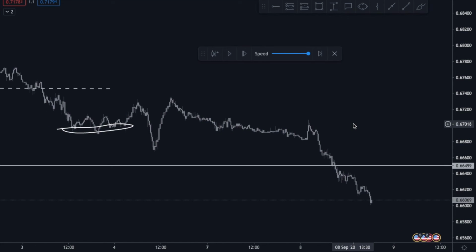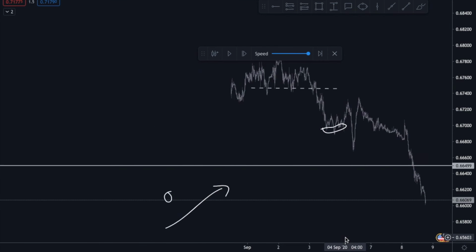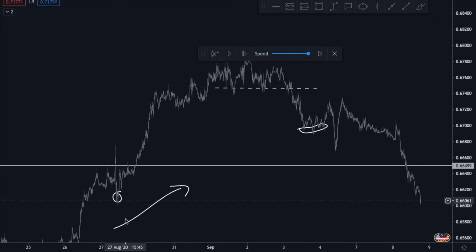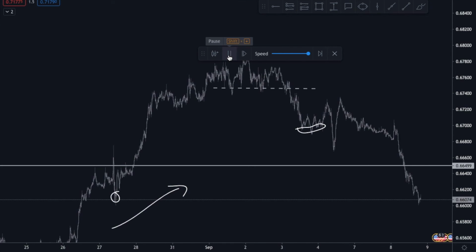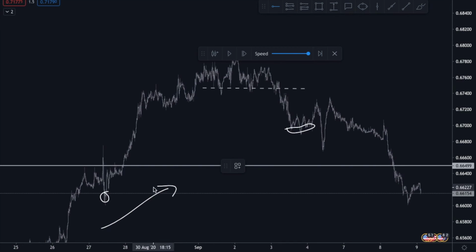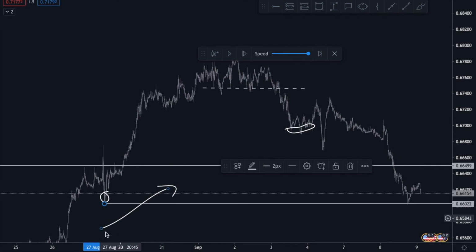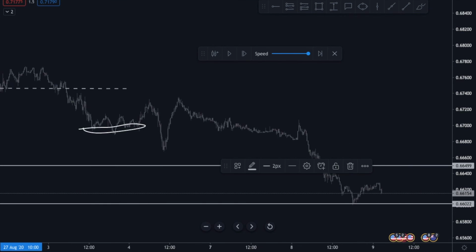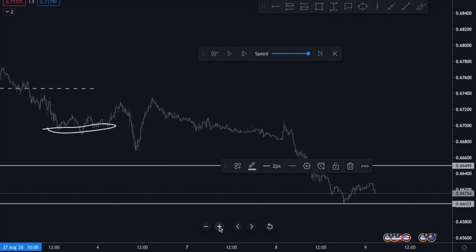So yeah, we've pushed lower again, we've broken below this area, and now we are challenging this previous area. Let me put a line there just so that we know. Yep, so we're challenging this area.